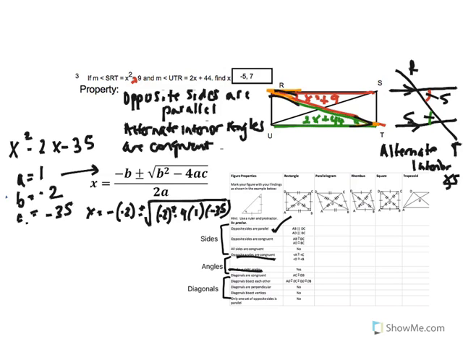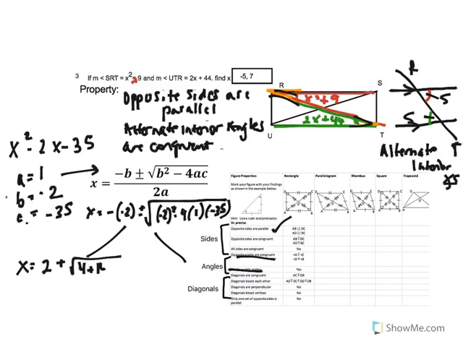And we get x equals negative 2 gives me positive 2 plus the square root of negative 2 squared gives me 4. 4 times 1 gives me 4. Times negative 35 gives me 140, minus the negative 140 gives me plus 140.